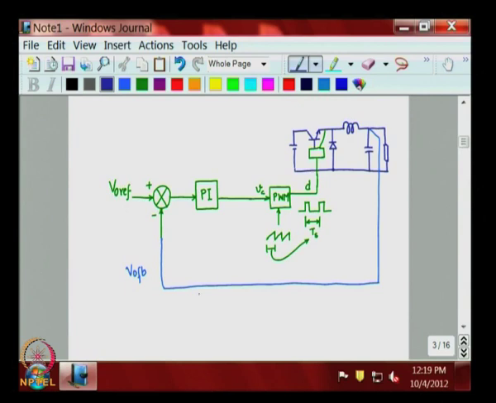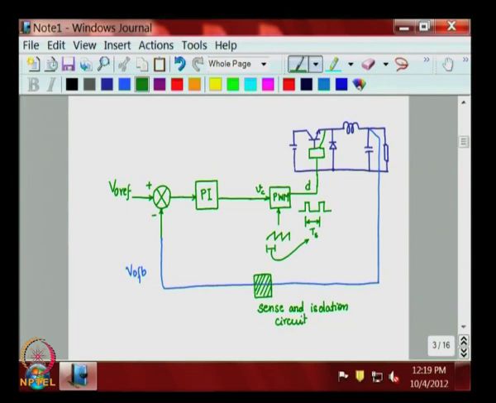In practice, you do not do that direct feedback, it passes through another sensing circuitry. So, actually you would see a block here, and that block is called the sense and isolation circuit.